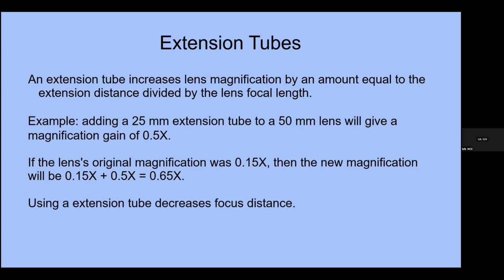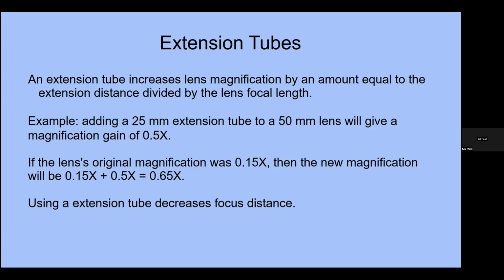But with these, and I'm going to use a 50mm lens on almost everything I talk about, because just about everybody has one, and I want to make it as applicable as possible.